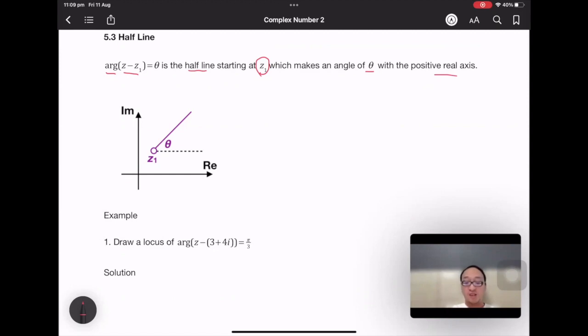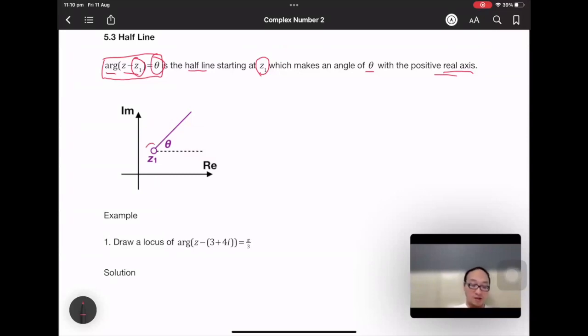So these are the keywords when you have the argument. It should be a half line starting from this coordinate, making an angle of theta with the real axis.